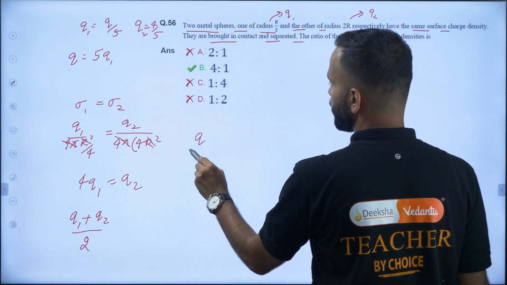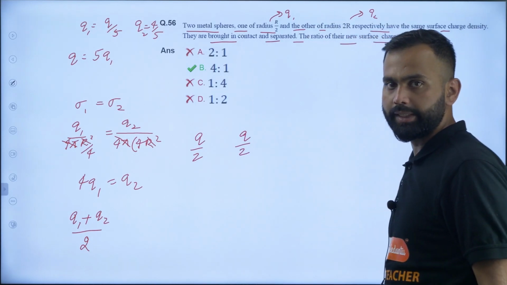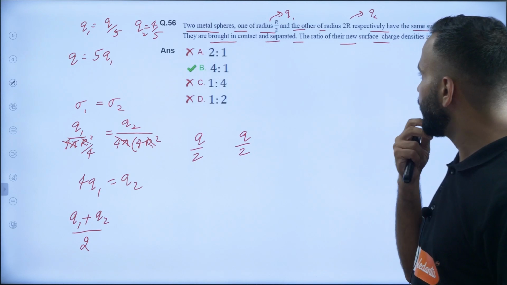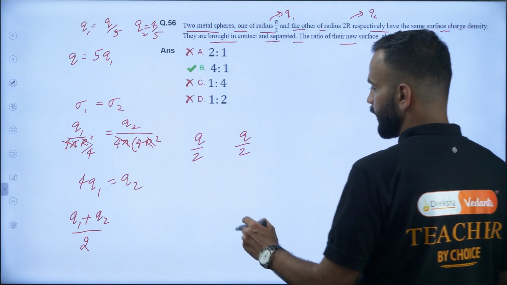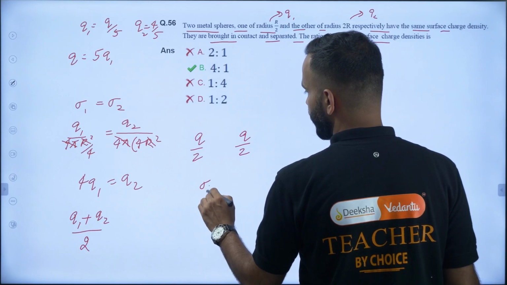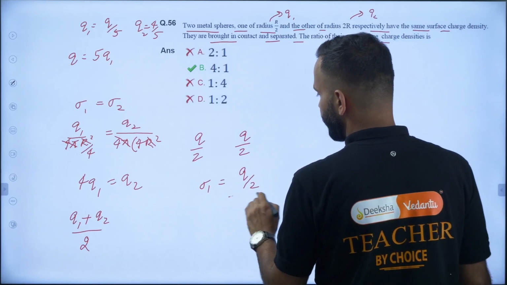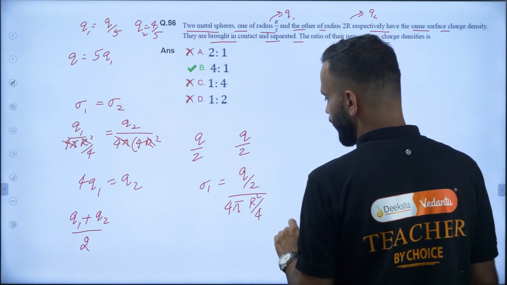So each sphere will get charge Q by 2. Now the new surface charge density, sigma 1, is equal to Q by 2 divided by 4 pi r square by 4, right?